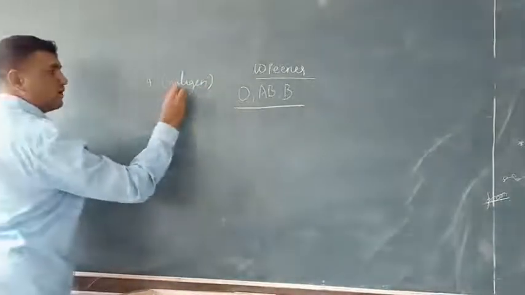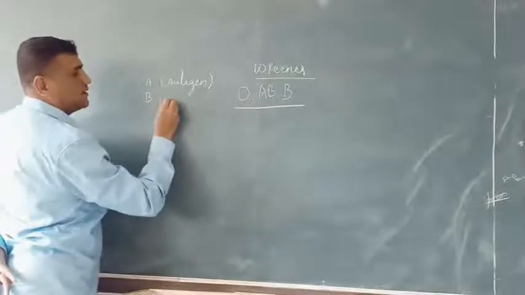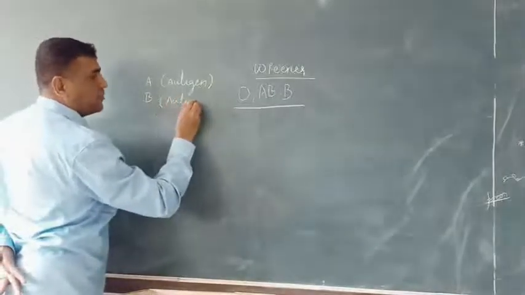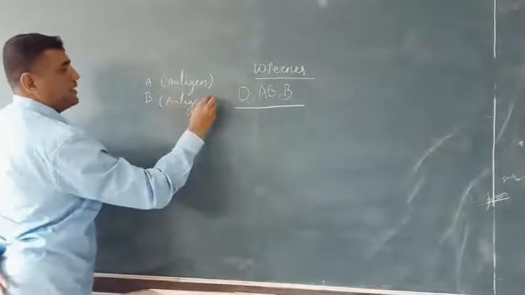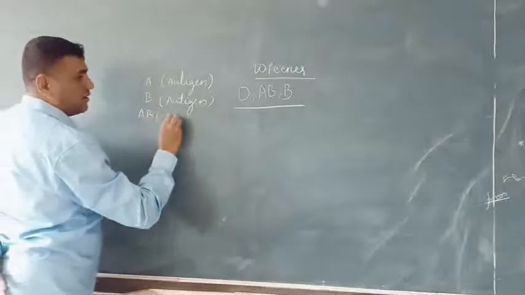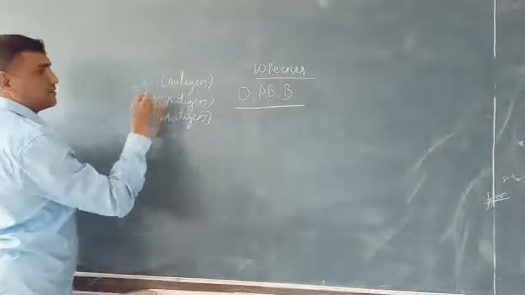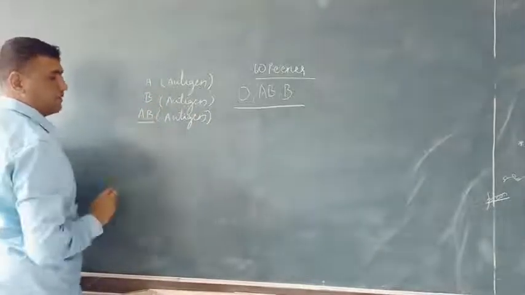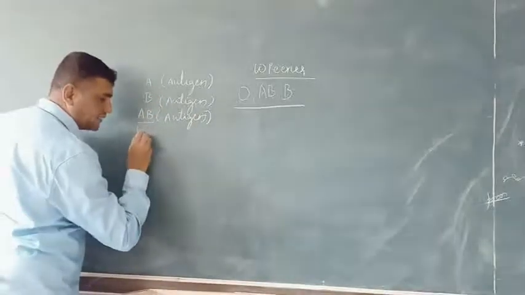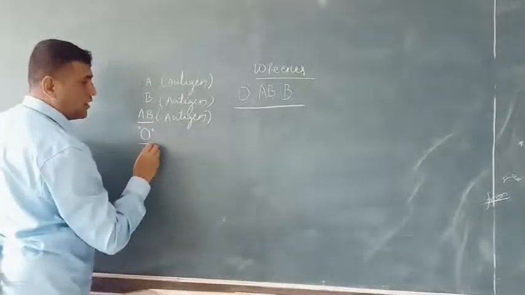Please remember that if antigen A is there, the blood group is A. If antigen B is there, the blood group of the person is B. If antigen AB is there, the person's blood group is AB, and if no antigen is there, null, we can call it O.